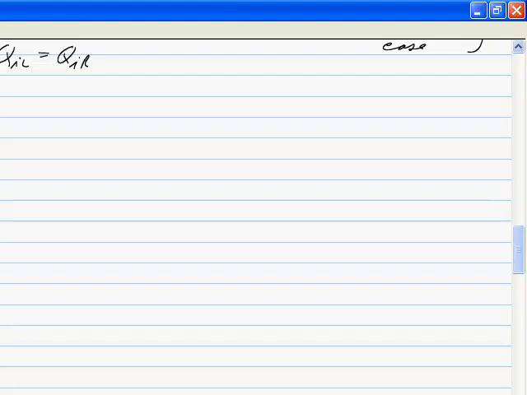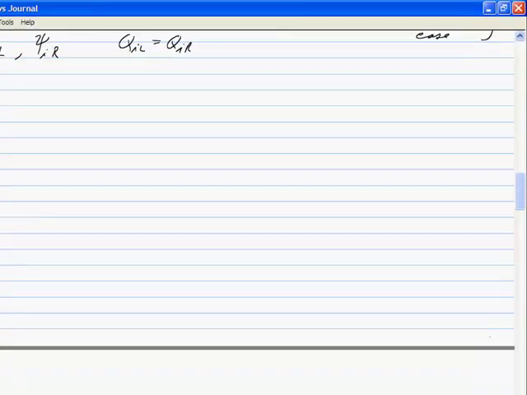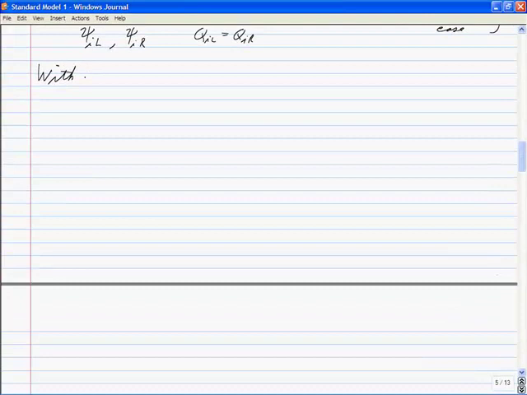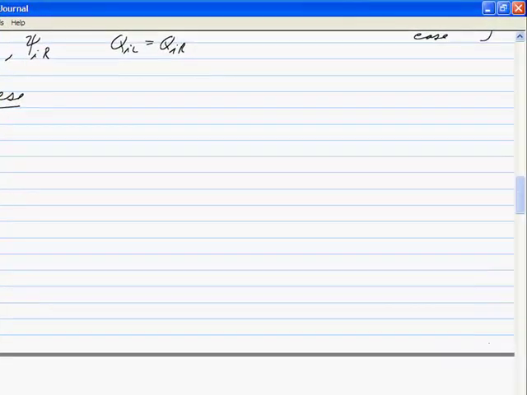But if you do these 4 ingredients, the 3 pieces of physics and the 1 set of conventions, all the charges are determined. I haven't yet said 2/3, 1 minus 1/3, but that actually is forced on us now.